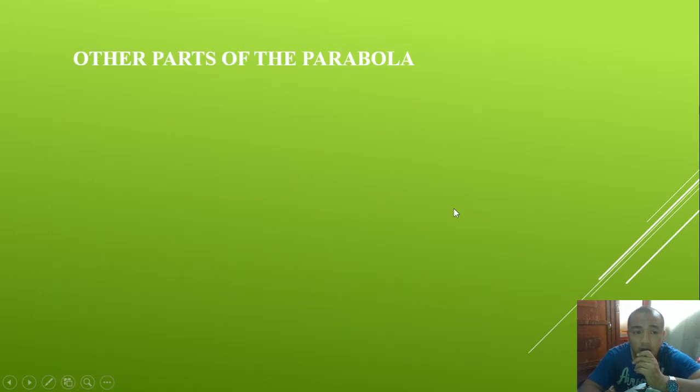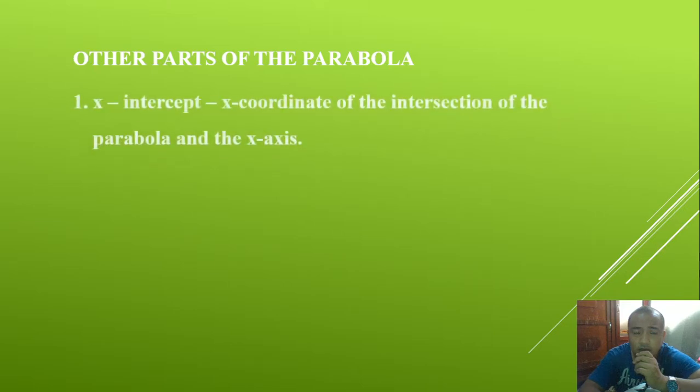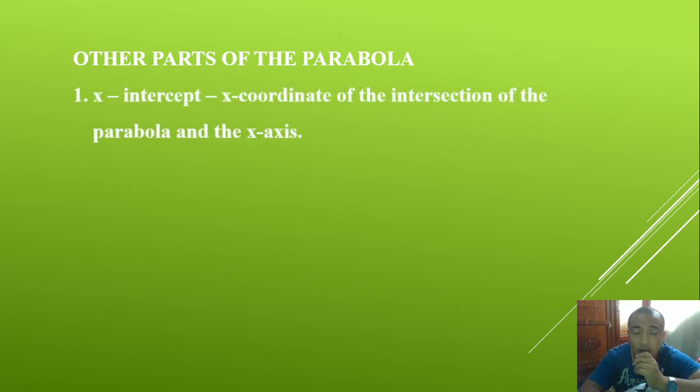Next, other parts of the parabola. What are the other parts of the parabola? The x-intercept is the x-coordinate of the intersection of the parabola and the x-axis. Where the parabola touches the x-axis, that is its x-intercept. The parabola can touch the x-axis once or twice.